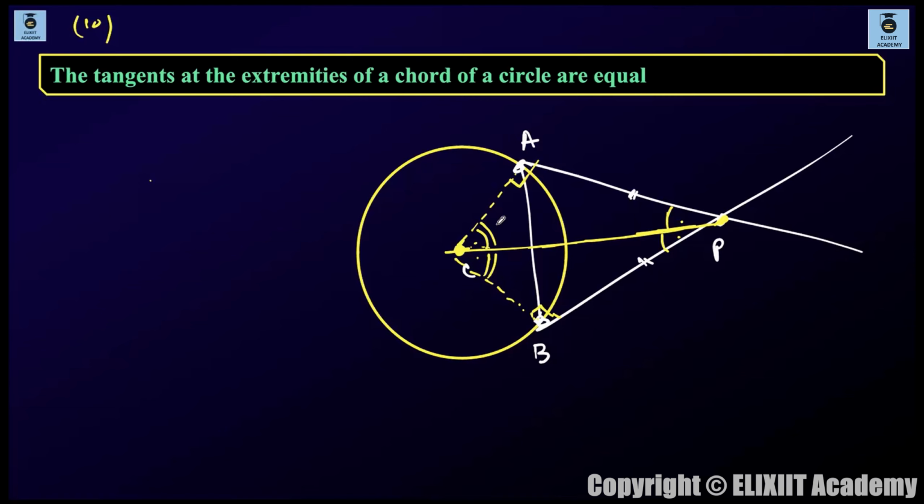PC is the angle bisector of these two angles. Yes or no? What I'm trying to say is PC is the angle bisector of ACB and APB. Got this much?